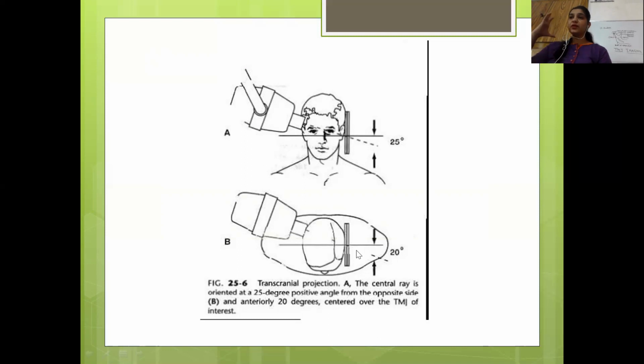We will use an extraoral cassette, an extraoral 8x10 film, to record this transcranial view. We ask the patient to hold the cassette like this, and then we shoot the radiograph from the opposite side of the area of interest, aiming that the central ray will cross the mandible and the condylar head, and the image will come of the opposite side of the condyle and its surfaces.